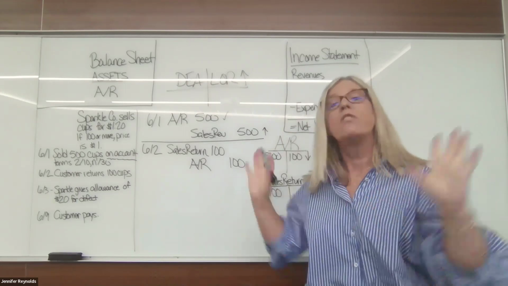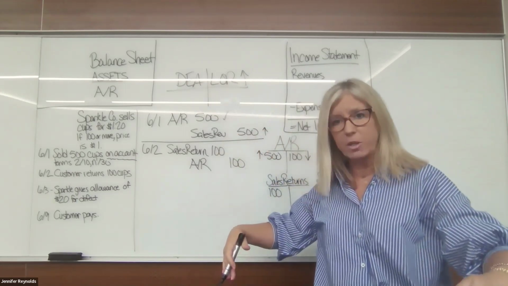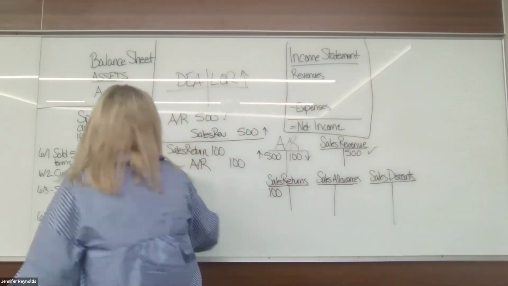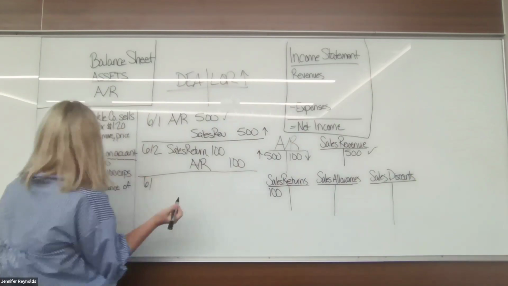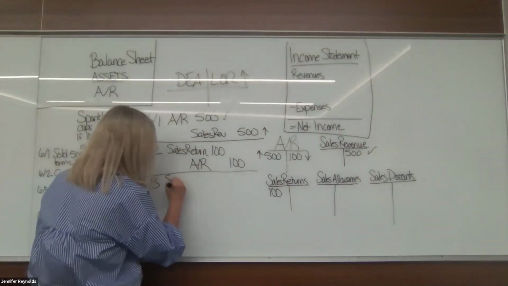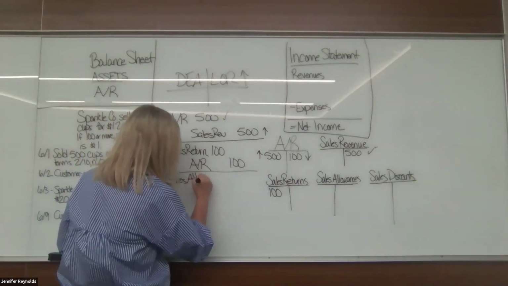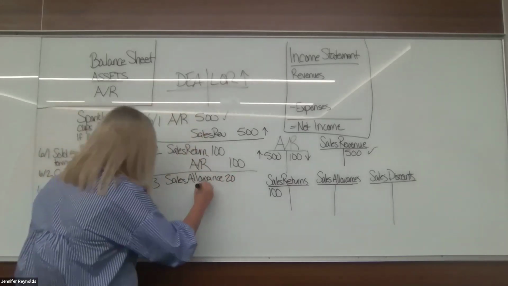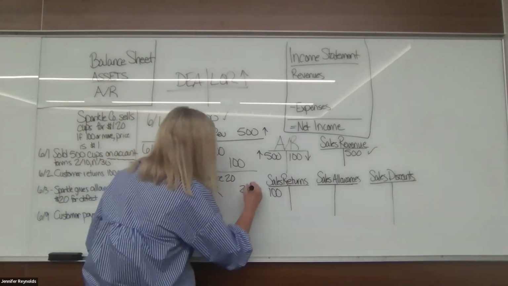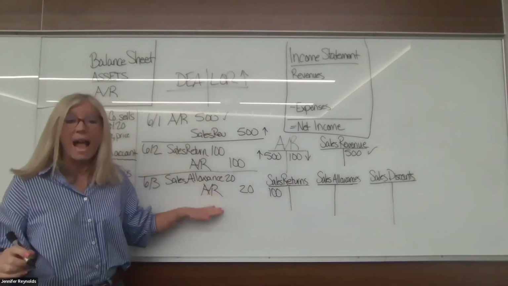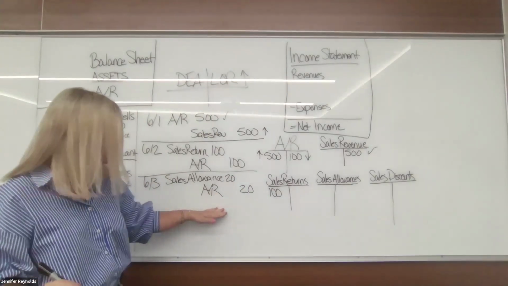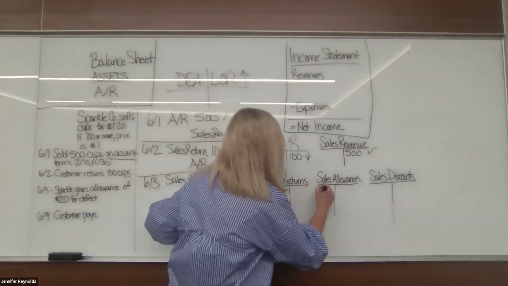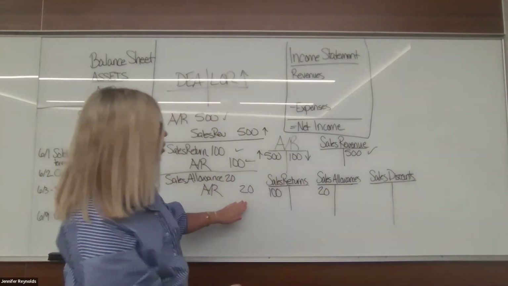Revenue goes down by $20, but instead of debiting revenue directly, they debit another contra revenue account called sales allowance. The credit makes AR go down, because this customer hasn't given them any cash yet. So let's post these: sales allowance, debit of 20, AR, credit of 20.